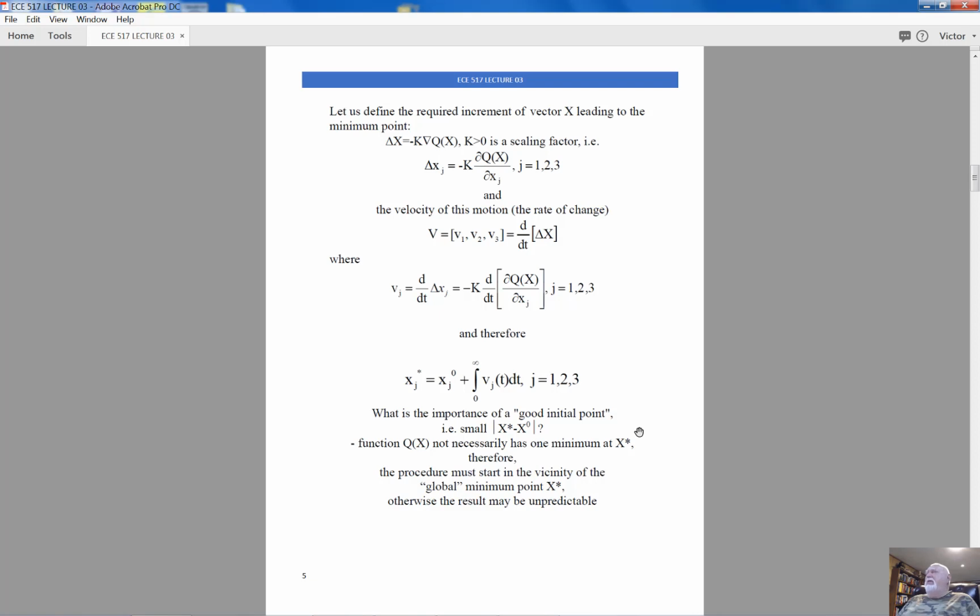So there are many problems where it is difficult to assure that you will get exactly to the unique minimum point. The number of minimum points could be more than one. So keep this in mind. There are global minimum points, there are local minimum points, because function Q of x could be quite complex.